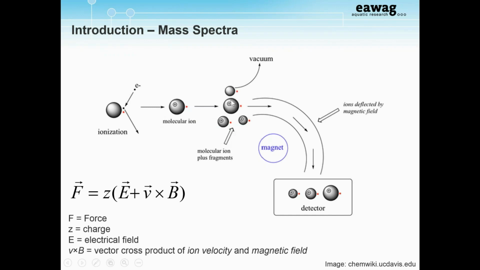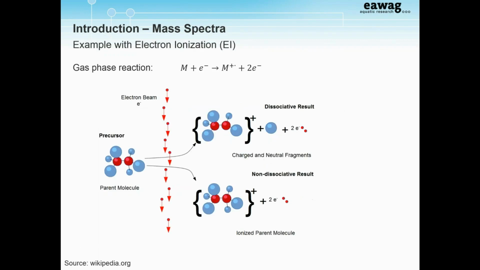Anything that does not have a charge is removed in a vacuum, and what you see is only charged fragments in the mass spectrometer. These are then bent in a magnetic field, and this magnetic field is what sorts them according to their size, and then we have the detector right at the end that will give us the information of these fragments sorted by their size. And this is how mass spectrometry works.